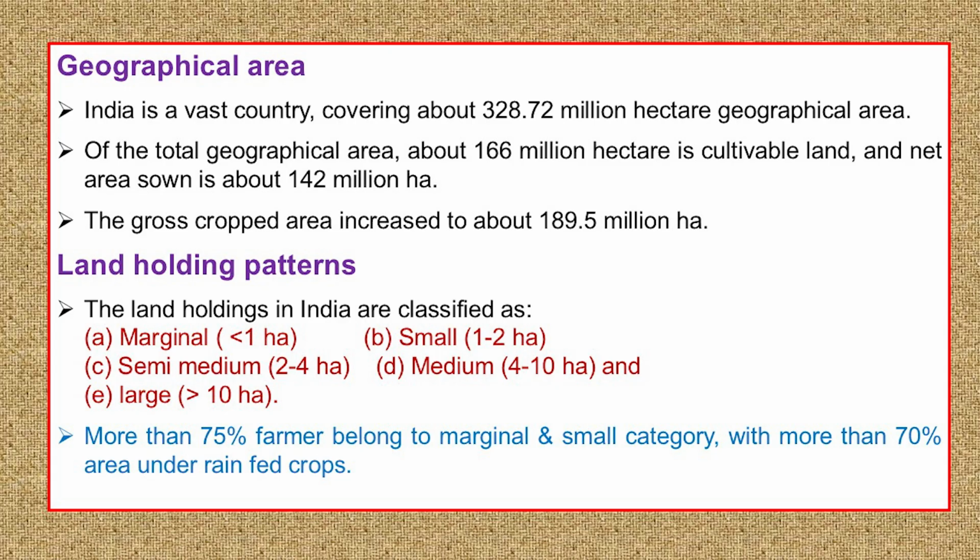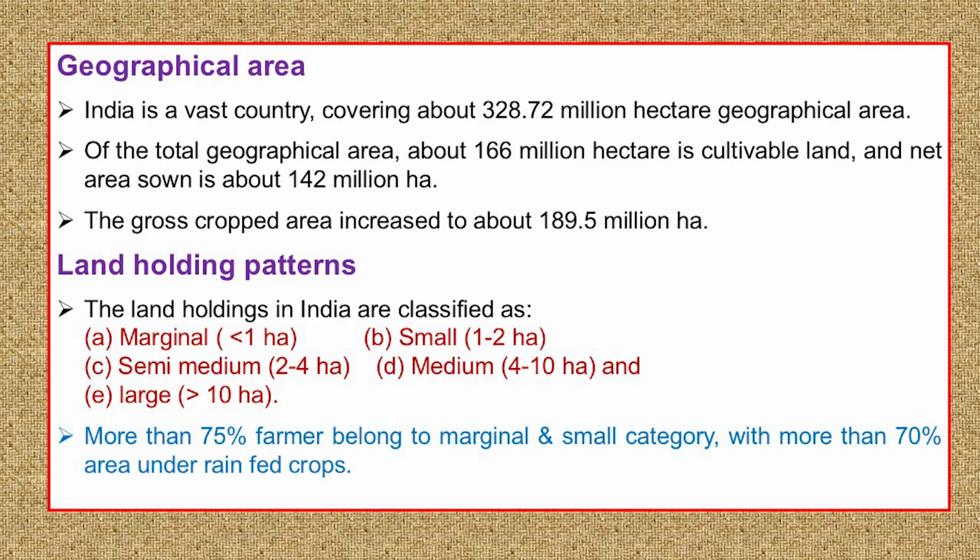Landholding patterns are classified into various classes: marginal, small, semi-medium, medium, and large, all on the basis of the area the farmers are holding. Farmers holding less than 1 hectare are called marginal farmers.